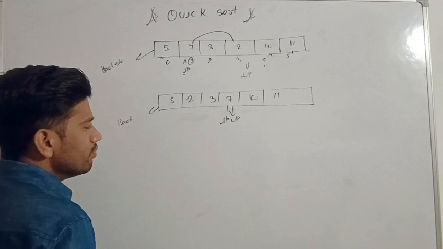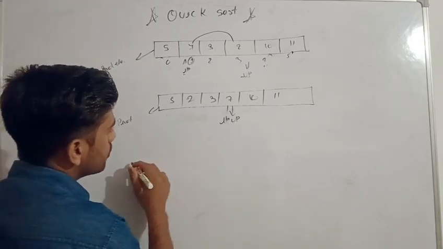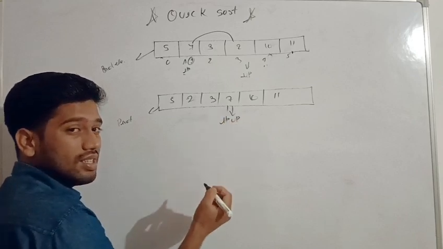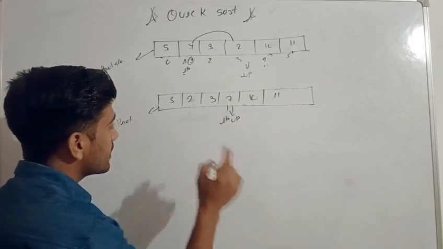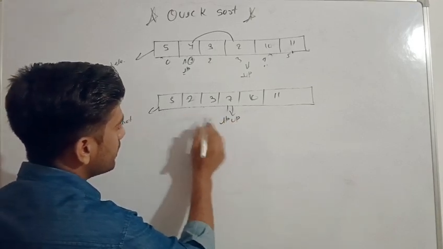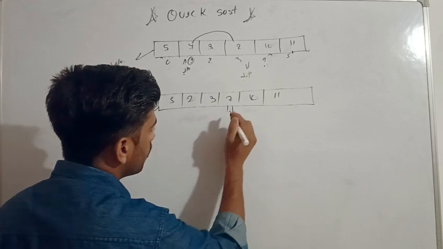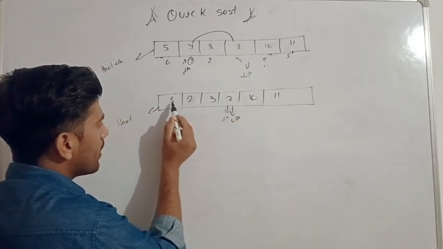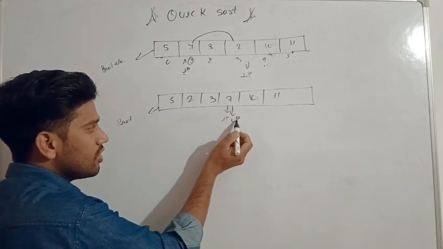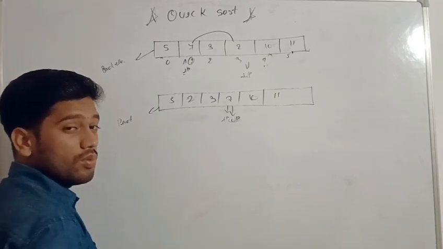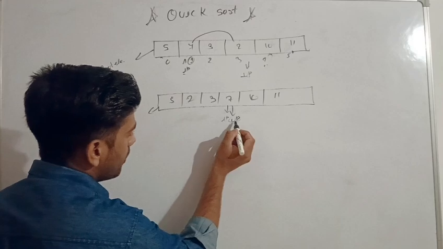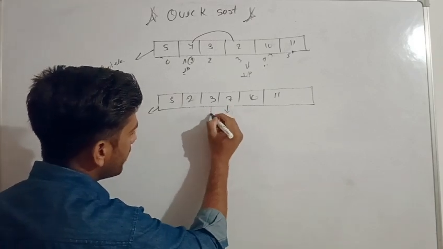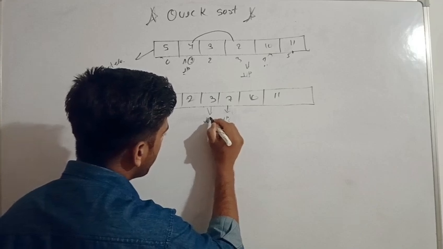Again it will be checked, is 7 less than or greater than 5? 7 is greater than the 5, then lower bound will be here, and 5 will be checked with the help of the upper bound. Now it will be checked, then upper bound should be decremented, and it will be upper bound here.